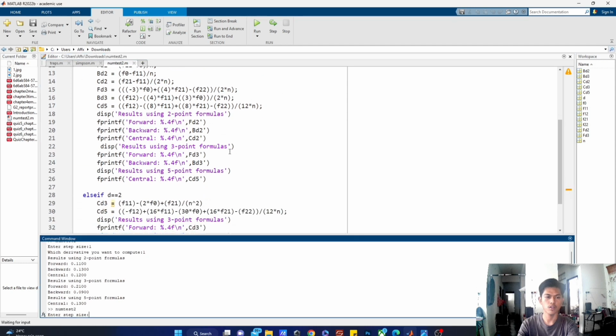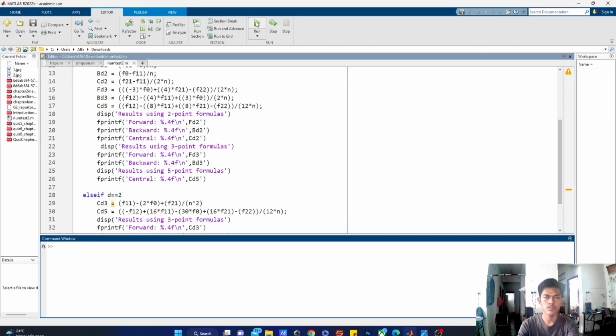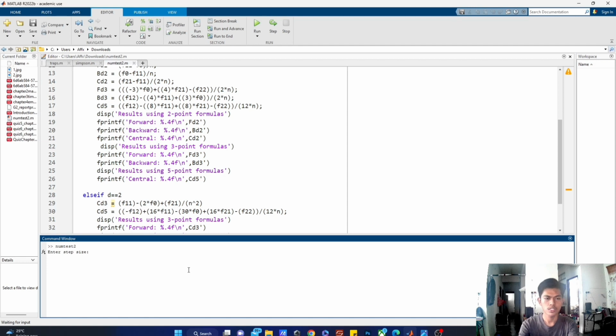Next, for the second derivative, we need to run the simulation again. We enter the step size, choose the second derivative by inserting number 2, and we can see the answer is negative 0.0200.